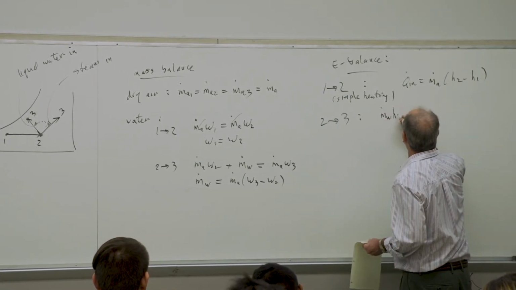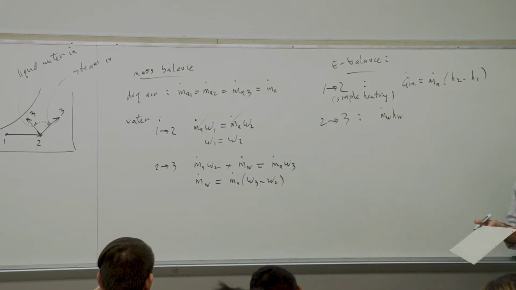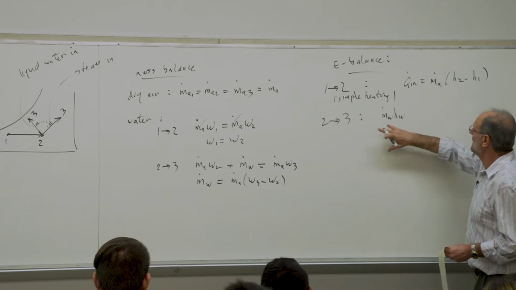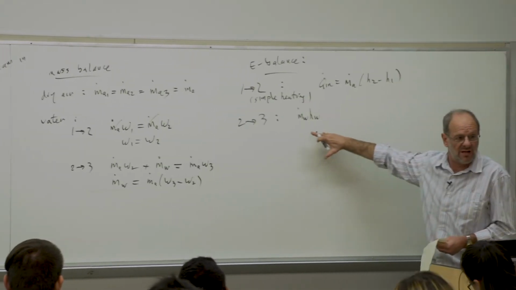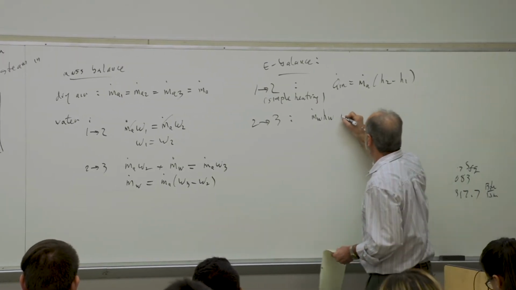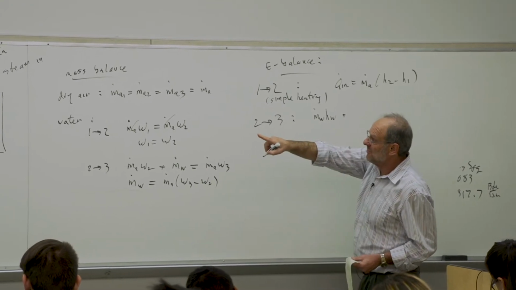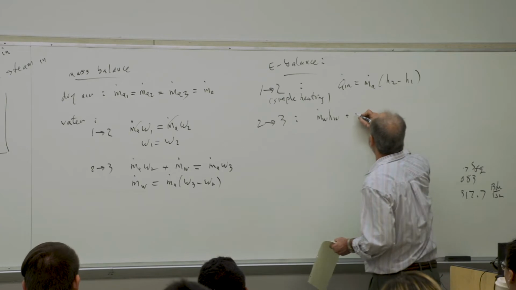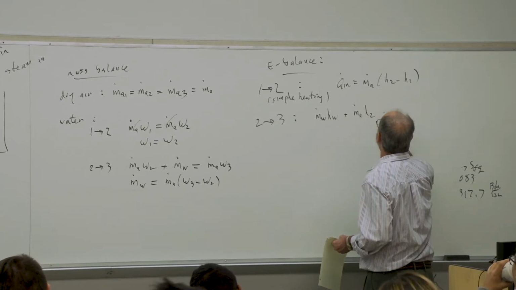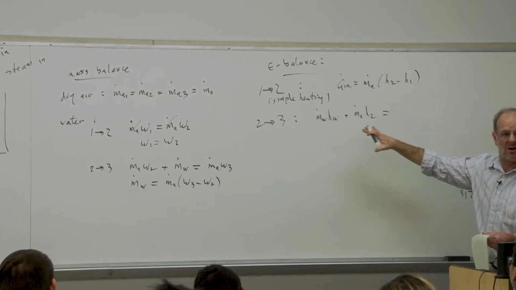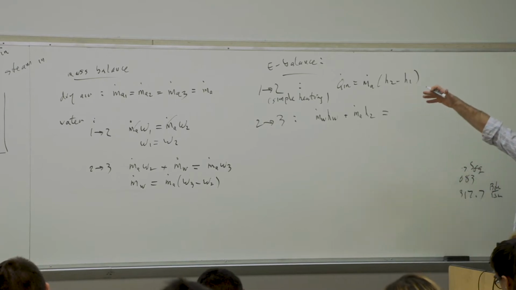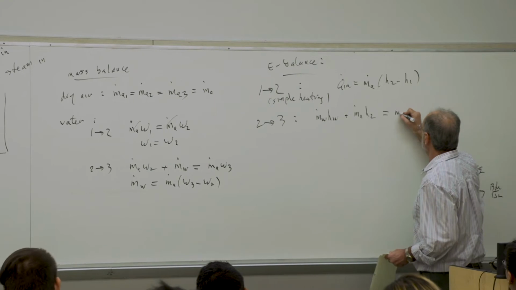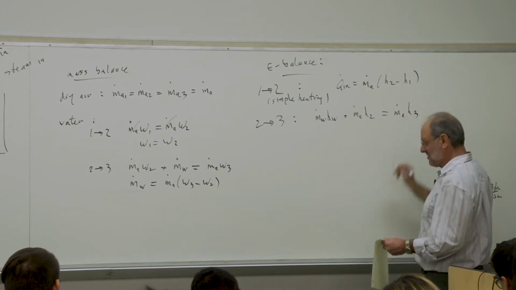We have m dot W H W, so this is the liquid water that's coming in between points 2 and 3, and this will be the enthalpy term, m dot times H. We have a second inlet term, the enthalpy associated with the atmospheric air that's moving through at point 2. So this is m dot A H2. Okay, so this is our inlet. And then at the exit, there's only one stream. So that's just going to be m dot A H3.